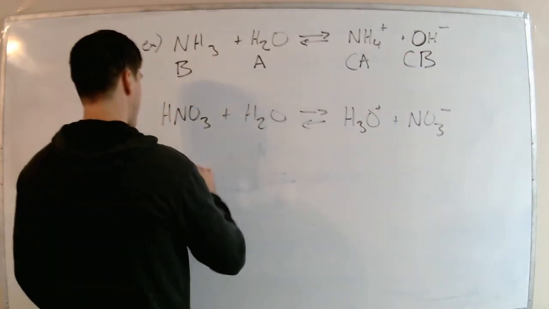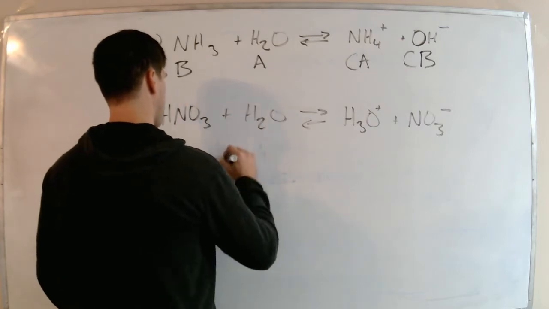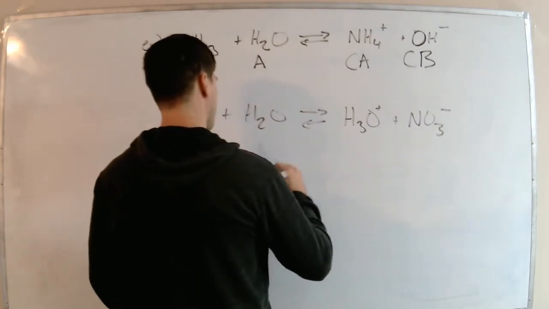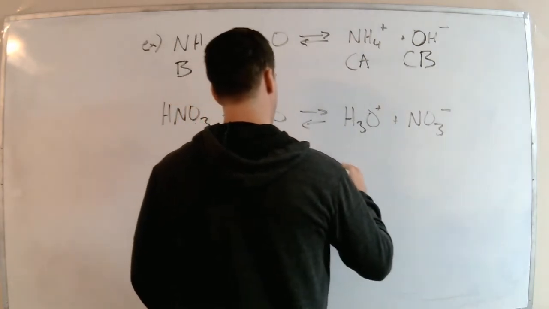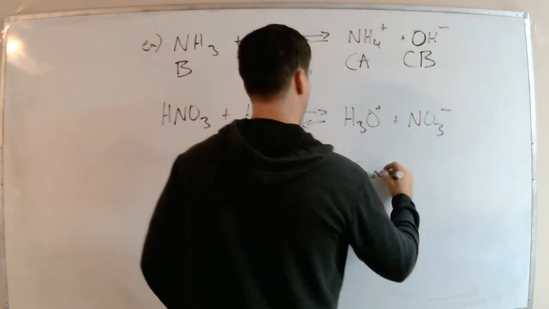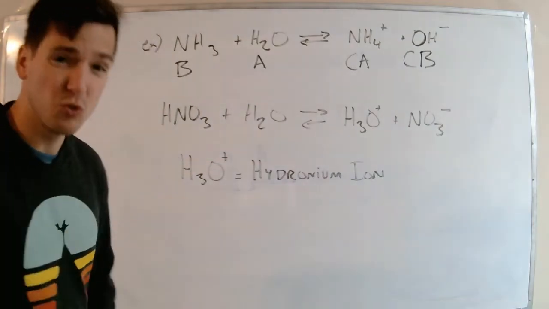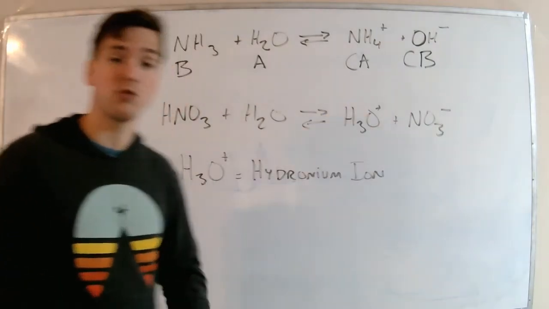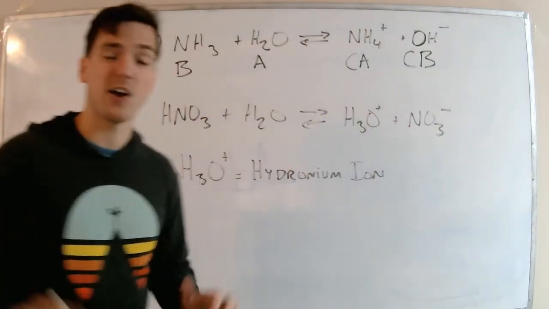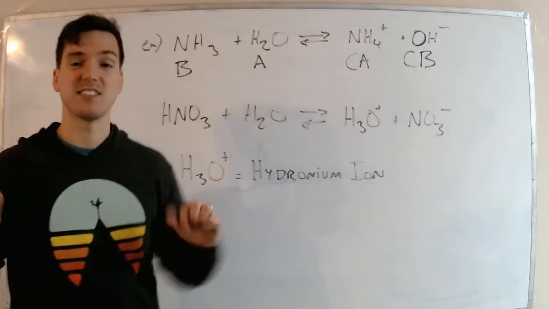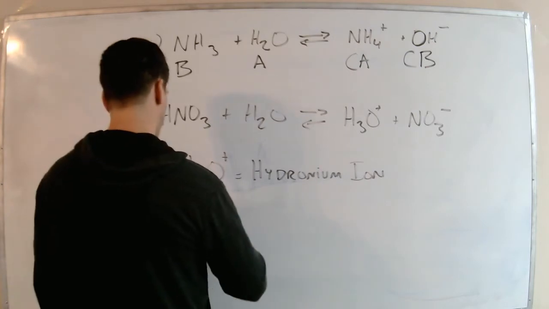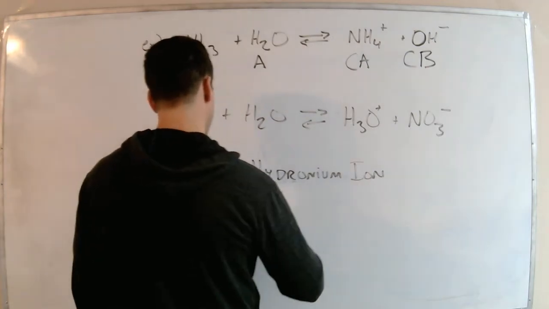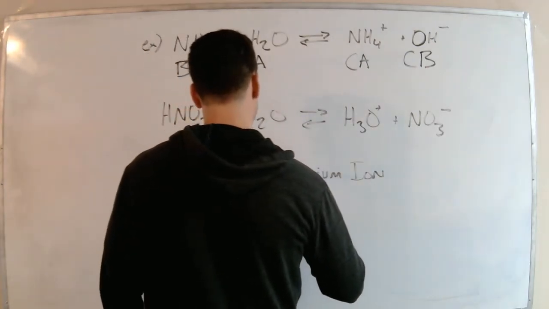That H3O plus is a hydronium ion. It's usually what you see in an acidic solution. If you ever see a hydronium ion on the product side, this is an acidic solution. What is that OH minus? That is a hydroxide ion.